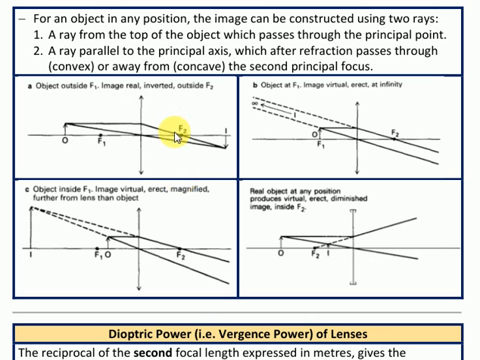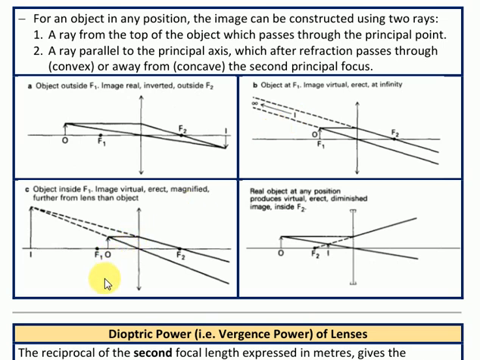Image formation by a thin convex lens. When the object is outside the first principal focus, the image will be real, inverted and outside the second principal focus. When the object is at the first principal focus, the image will be virtual, erect, and at infinity.